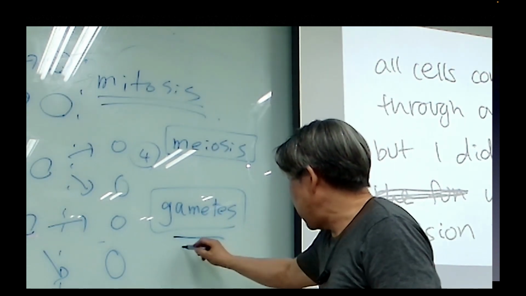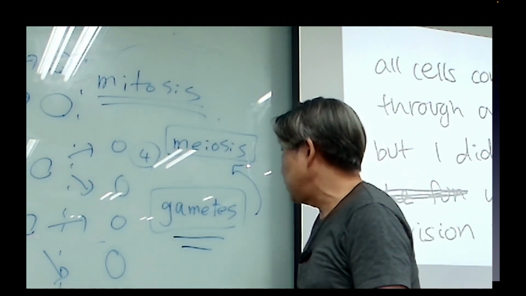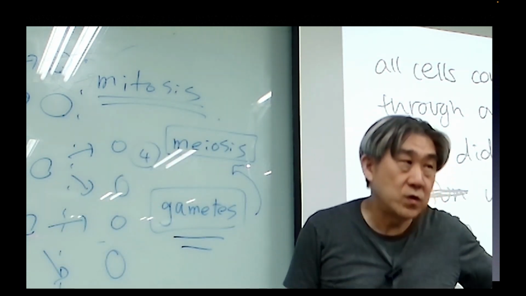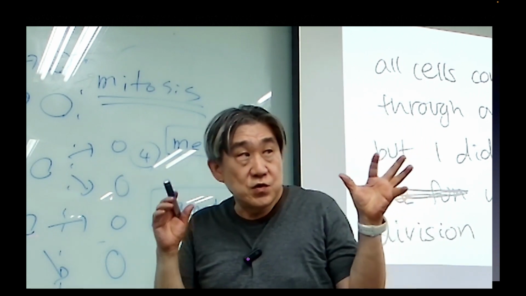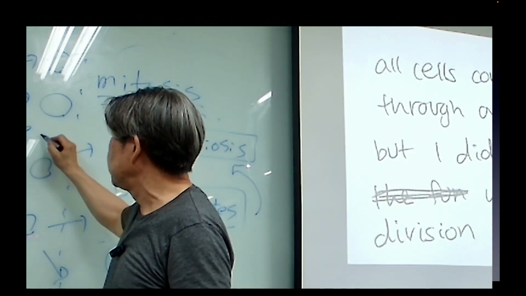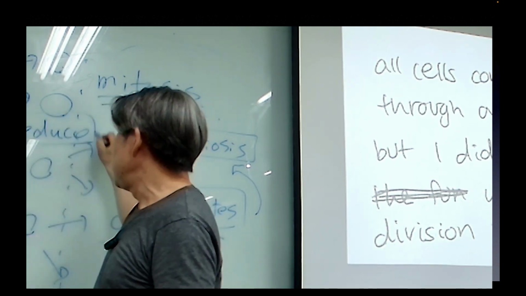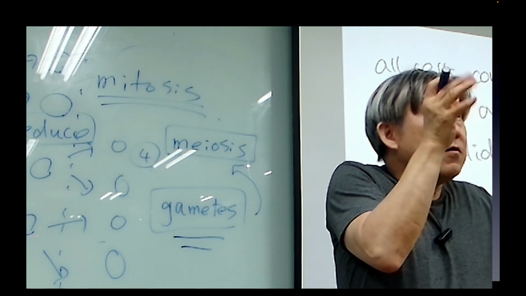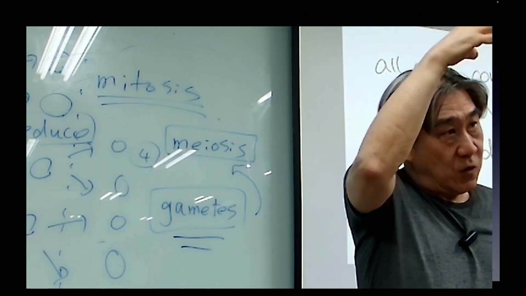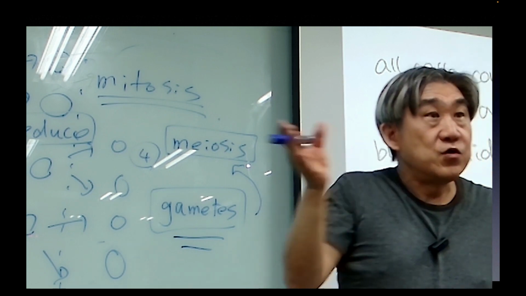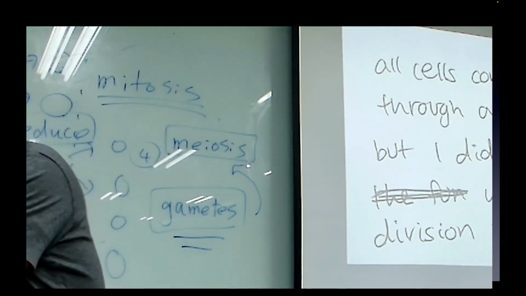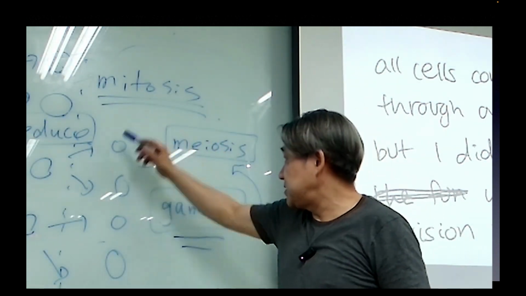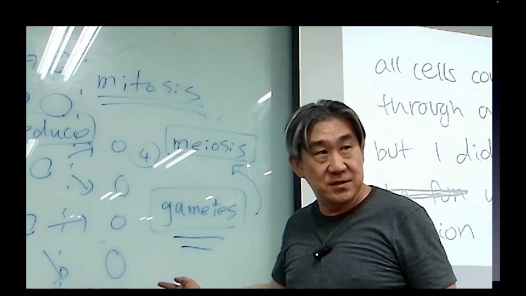So for gamete production, which is meiosis, the reason why this one cell has to become four cells is because you need to reduce the amount of genome, whether it's chromosome number or the total amount of your DNA, into half, 50%. Why? Because the purpose of this cell division is to produce the gametes.